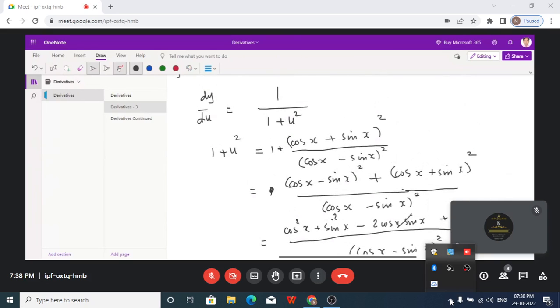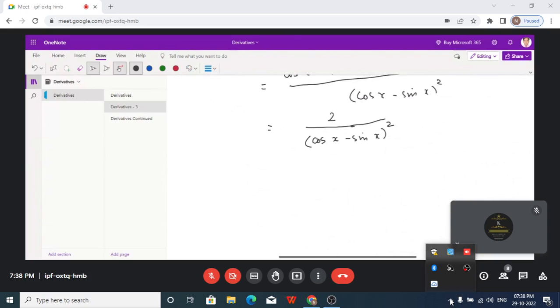Now dy by du is 1 by 1 plus u square, so we invert it: dy by du equals (cos x minus sin x) the whole square divided by 2.